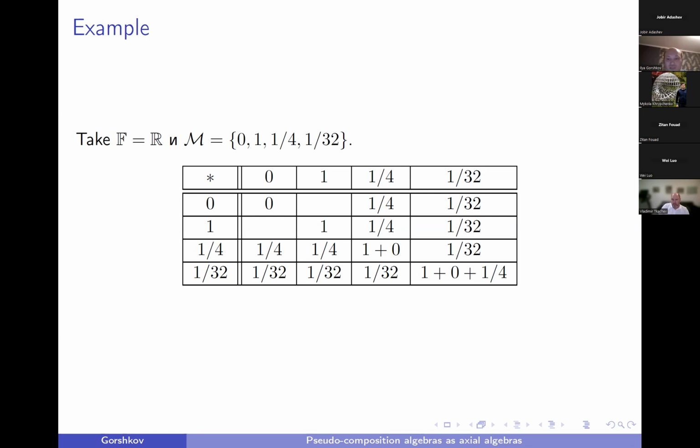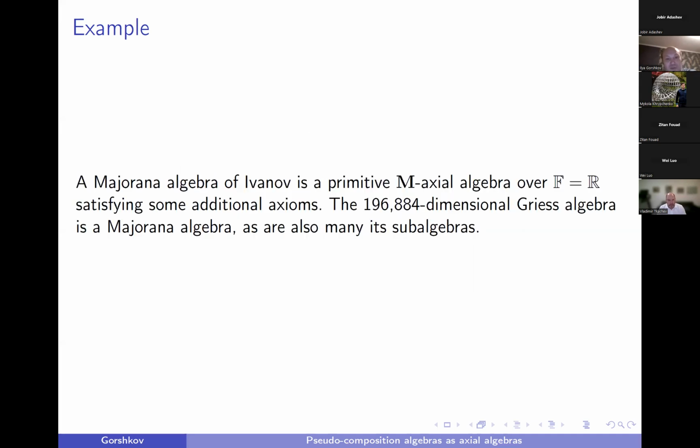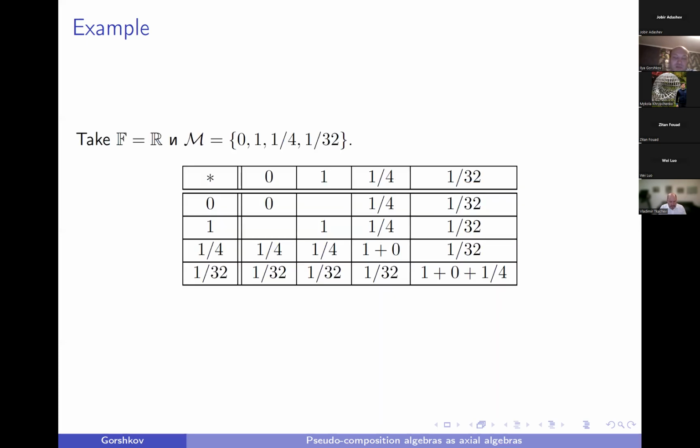If we take this fusion law, which includes four numbers, 0, 1, 1/4, and 1/32, I think this is the first fusion law which we can find in any article, because if you take the Griess algebra, this is a finite-dimensional non-associative commutative algebra, but a very big algebra, generated by three primitive axes with this fusion law.